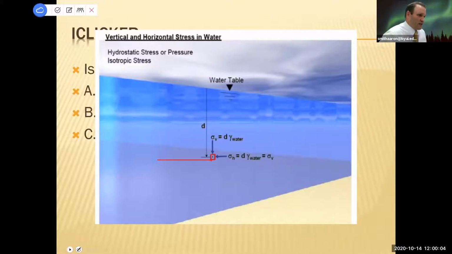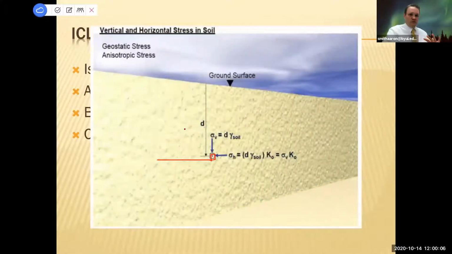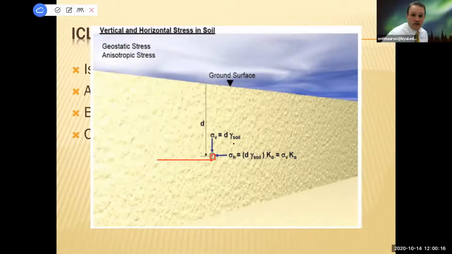But now check this. If this is ground, if we replace that swimming pool and fill it full of sand, the vertical pressure that you would feel is the same thing. It's equivalent to the depth times the unit weight of that soil. So in this case, it wouldn't be 62.4, it'd be 120 pounds per cubic foot. However, look at this. The horizontal force that you're feeling is similar, the depth times the unit weight, but we add this modification factor.